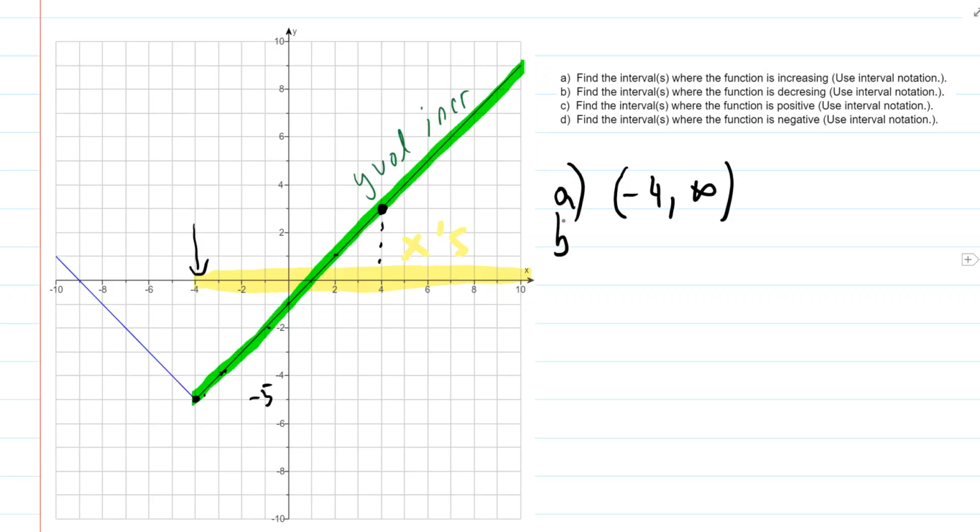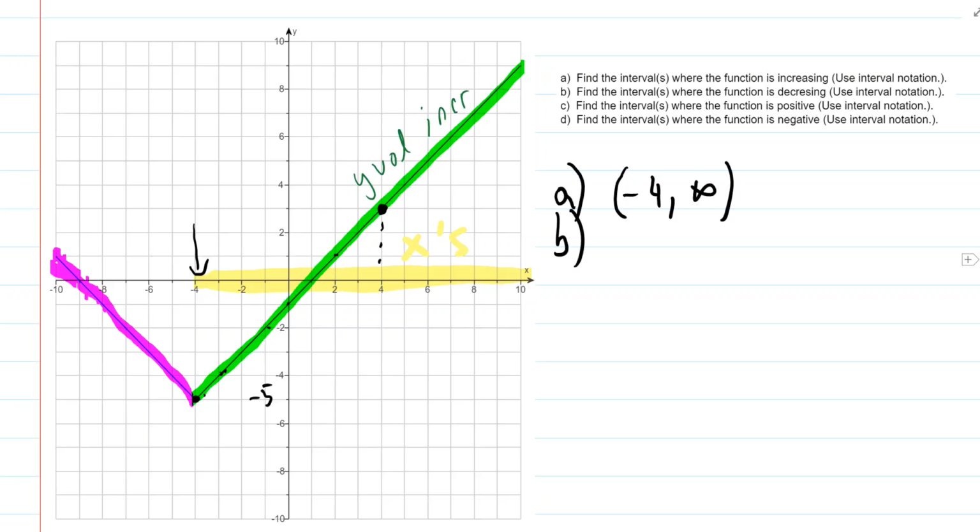Now for part B, where is the function decreasing? So for what x values are the y values decreasing? You notice that the y values are decreasing on this portion of the graph, right? You see the y's are positive and then they're negative and then decreasing.